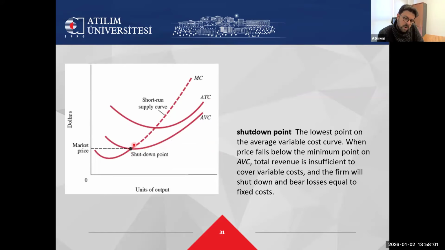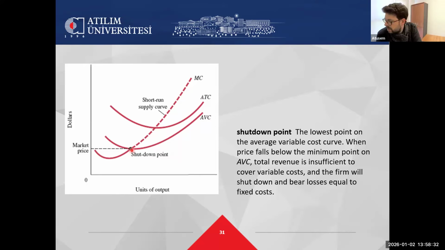Okay, over there, we can start to produce. So that line is called the short run supply curve. When market price comes over here, that means we can only cover our variable cost. When we cannot cover our variable cost, you have to shut your firm.